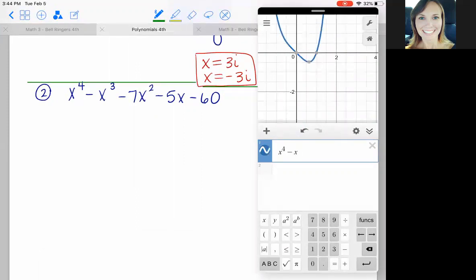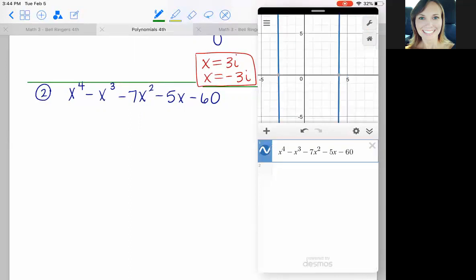These are the same steps that you would do. All right, so I can see I have 4 and negative 3. So over here, I'd write 4. So I have 2 of my solutions right here.